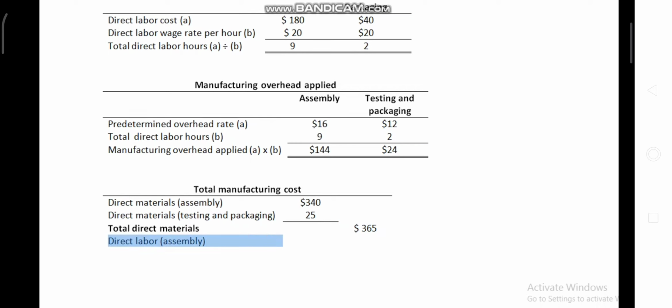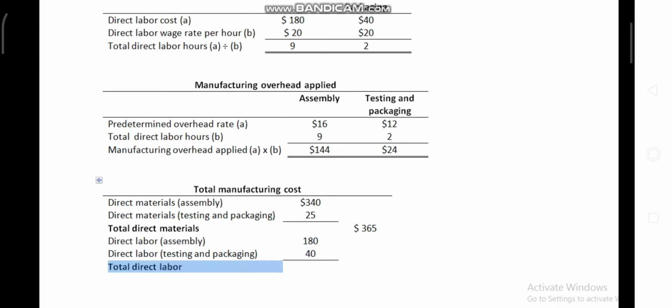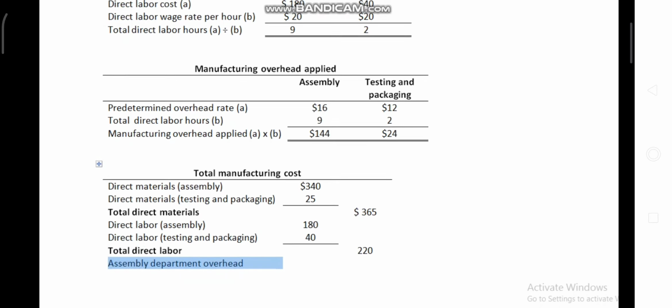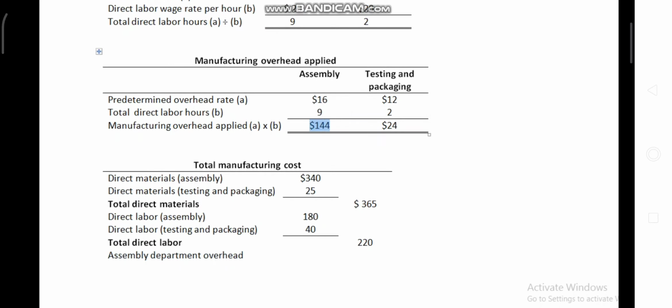Now direct labor for assembly department, you can simply grab it from what we used above, or you can take it from the question, that is $180. And direct labor for testing and packaging is $40. We add these two, we get total direct labor, that is $220. Assembly department overhead, we have calculated that, $144. And testing and packaging department overhead is $24.